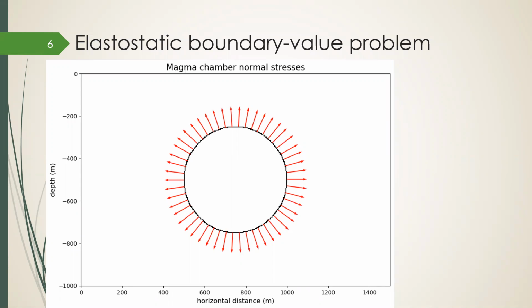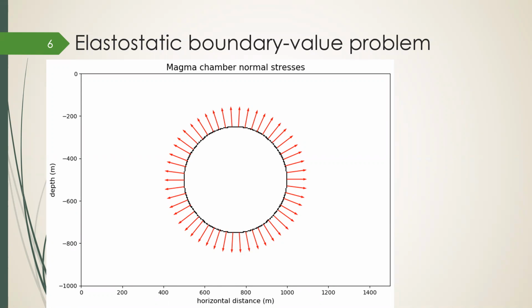Here we have this sort of simplified but surprisingly powerful model. It's been applied to practically every volcano. So it's a spherical chamber, and these red vectors are normal vectors, and they denote the effect of pressure.